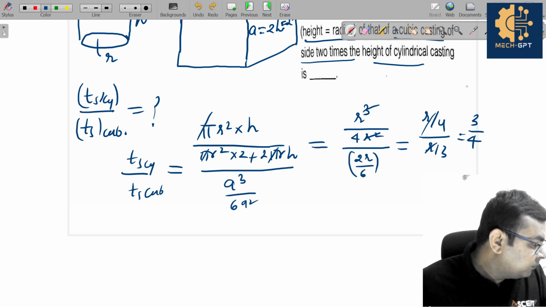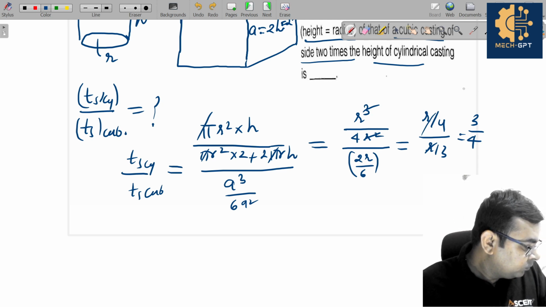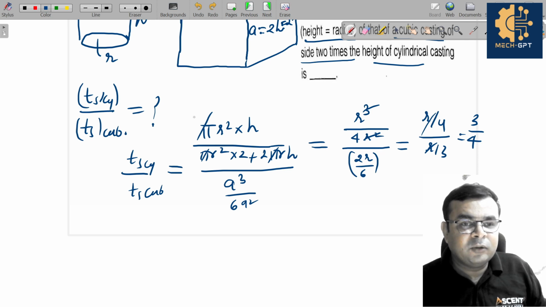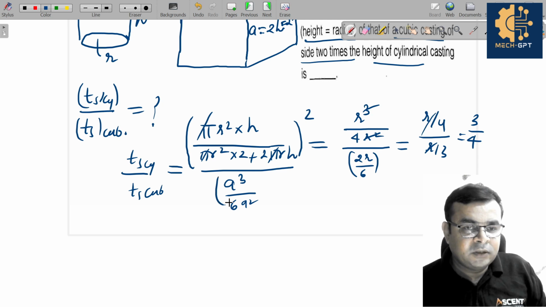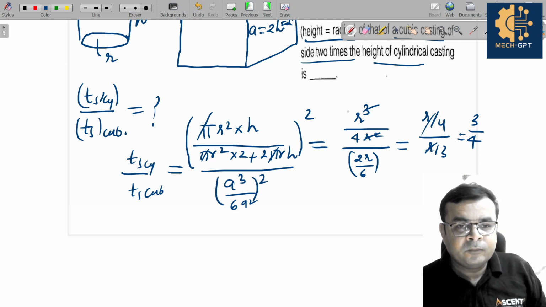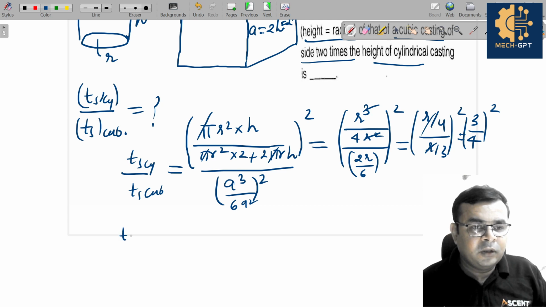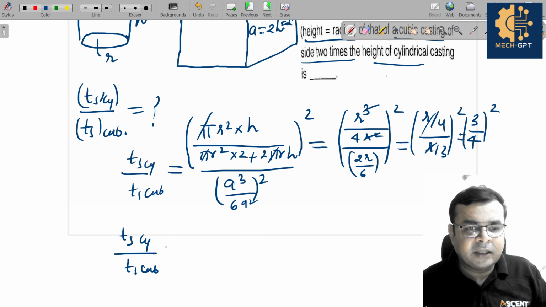If we calculate this value, one more thing, I forgot to write this is square. This is square, correct? So can I say this is whole square? So the solidification time of the cylindrical casting over the solidification time of the cubical casting is equal to 9 by 16.